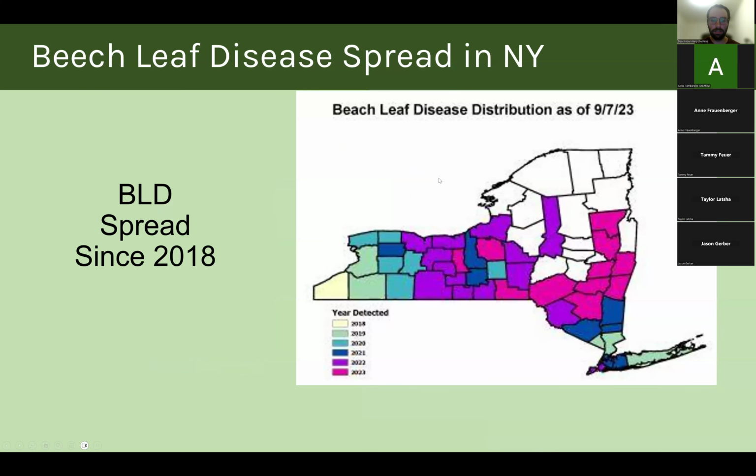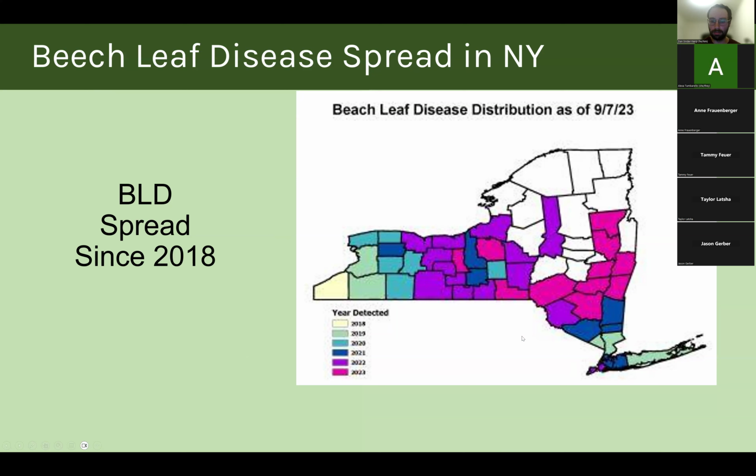So beech leaf disease, like I said, has been spreading pretty rapidly, 5 years since it was first detected, and it's spread from the far western tip of New York all the way out to Long Island, to the Capital Region PRISM, spreading up into the Adirondacks region.